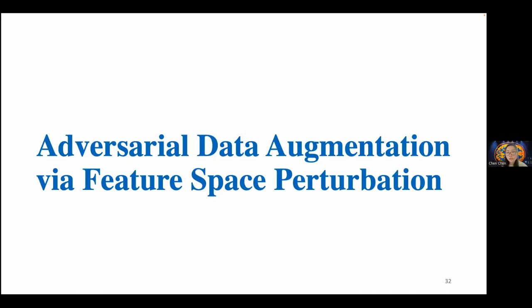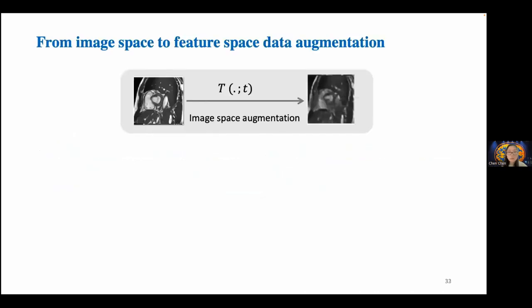So the second part is about adversarial data augmentation via feature space perturbation. I think previously we have discussed a little bit about the limitation highlighted by Lena as well. Very thankful for the question. As previously discussed, it requires you to specify a particular transformation function and some hyperparameters to constrain the magnitude of this attack.